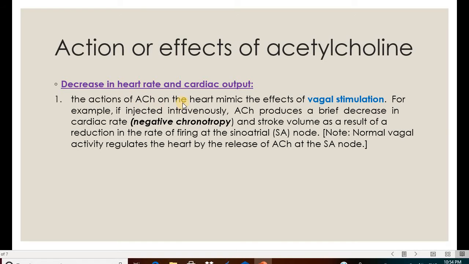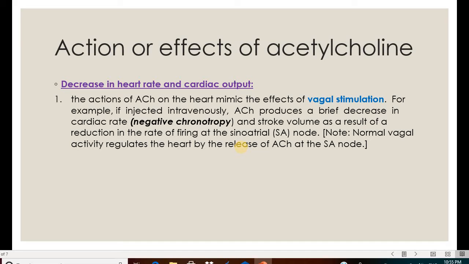The action of acetylcholine on the heart mimics the effects of vagal stimulation. For example, if injected IV, acetylcholine produces a brief decrease in cardiac rate, negative chronotropy, and a decrease in stroke volume as a result of a reduction in the rate of firing at the SA node. Normal vagal activity regulates the heart by release of ACh at the SA node.